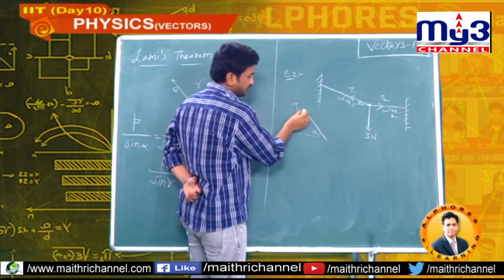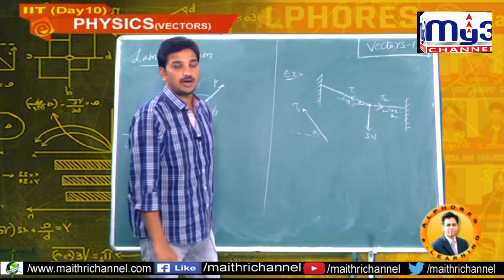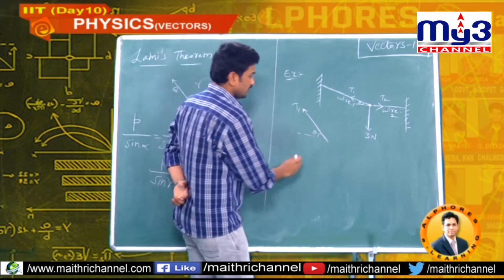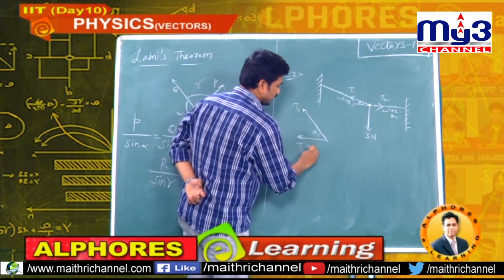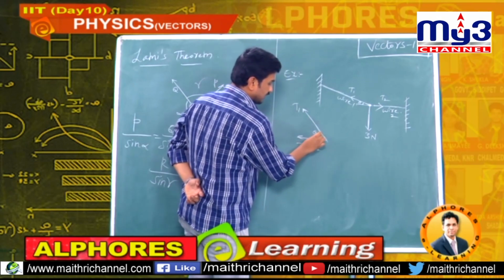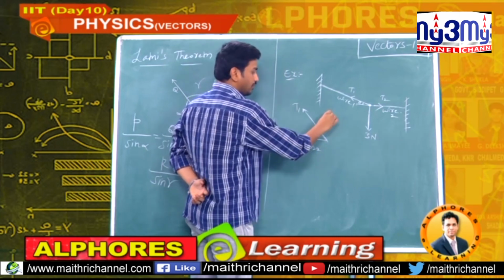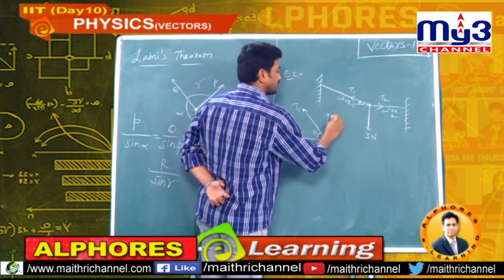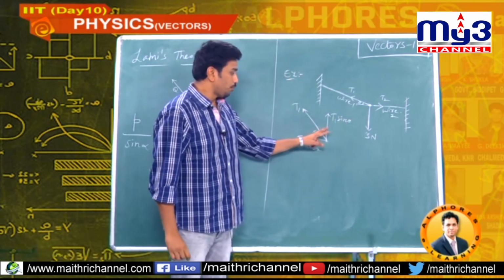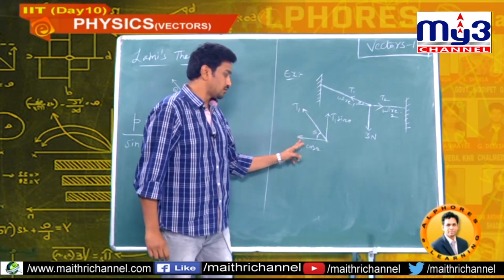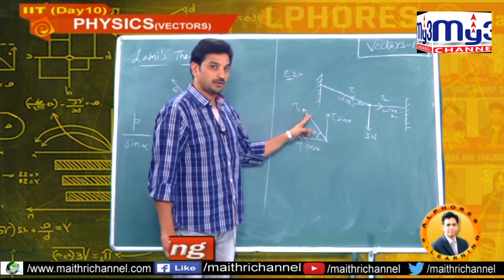Now a vector in 2D has two components. The horizontal component of the vector is T1 cos theta, theta's adjacent side, cos. One more component is T1 sin theta. The components of a vector are always two sides of the vector.